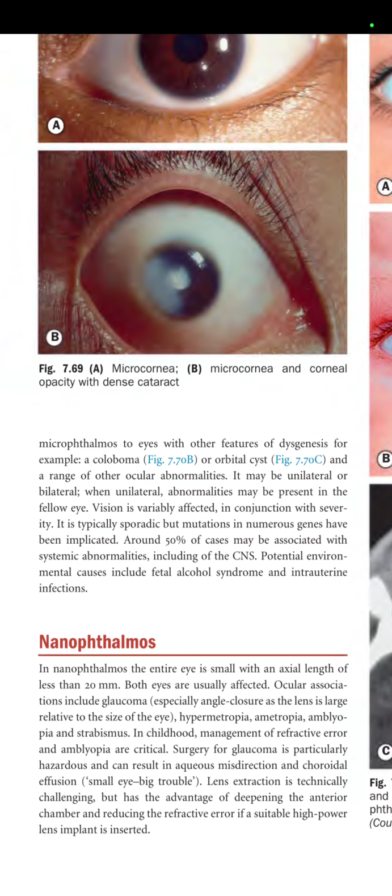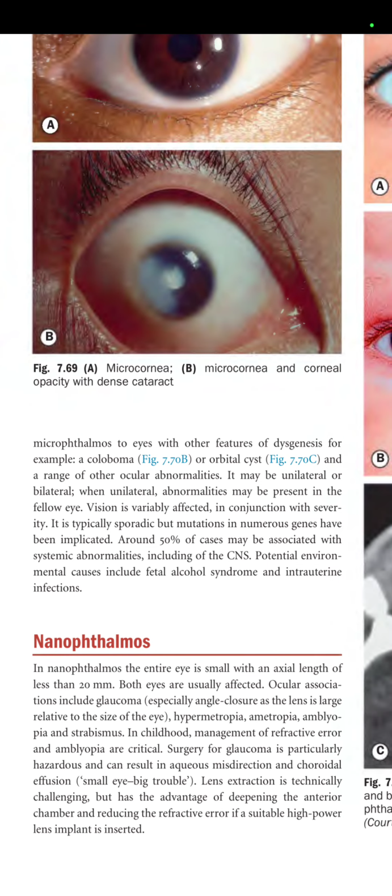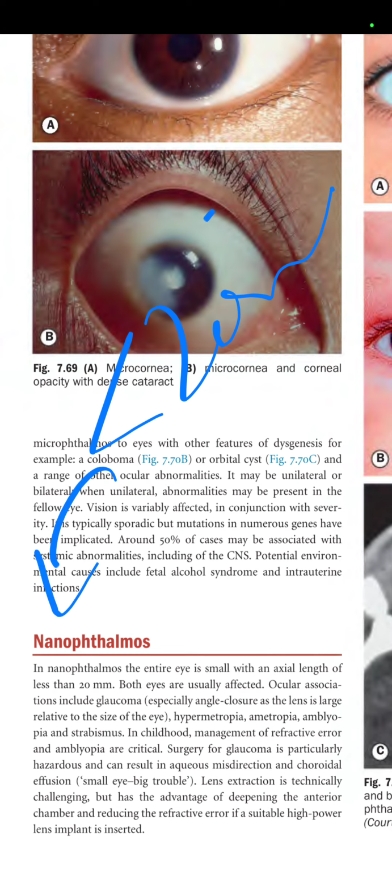Nanophthalmos. In nanophthalmos, the entire eye is small with an axial length of less than 20 millimeter. So if the entire eye is small and there is an axial length of less than 20 millimeter, it is going to be a nanophthalmos. Always remember this. Both eyes are usually affected.